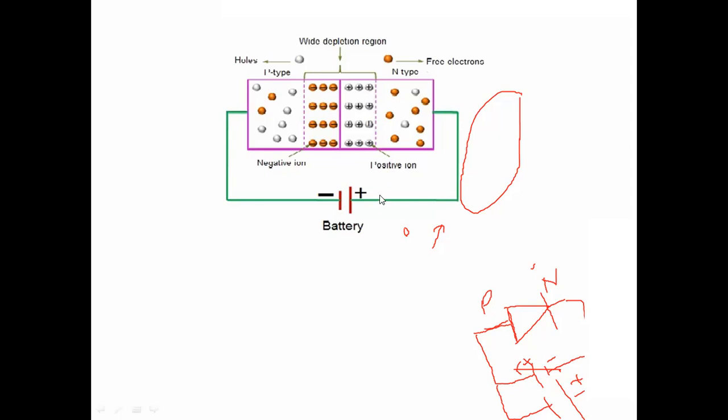So due to applying the reverse bias voltage, we don't get any current due to the majority charge carriers, but we have a small amount of reverse current due to the flow of the minority charge carriers.